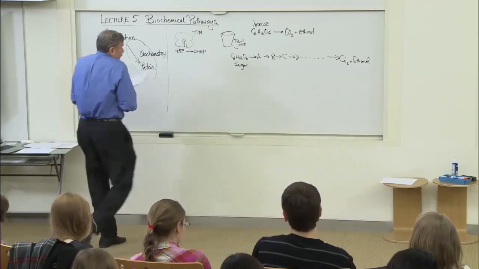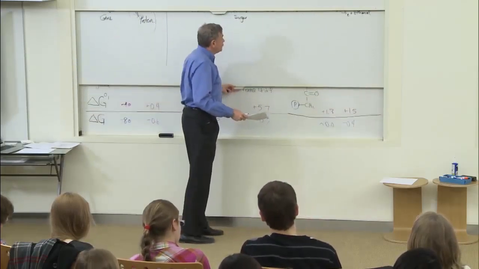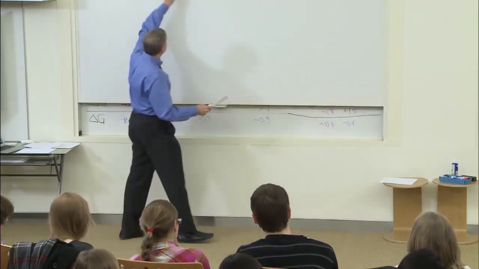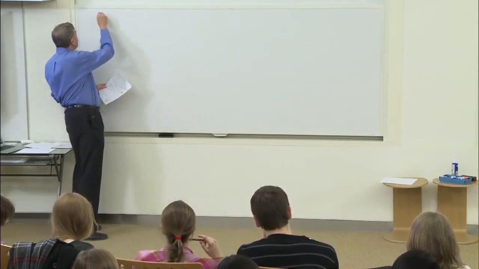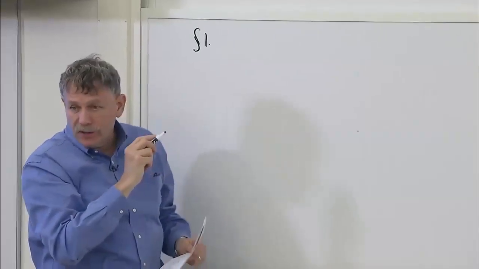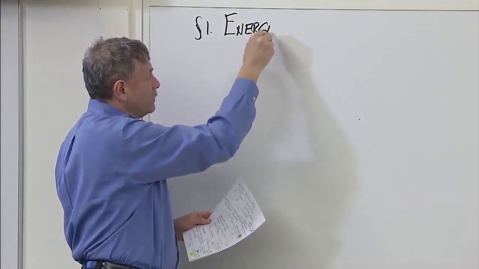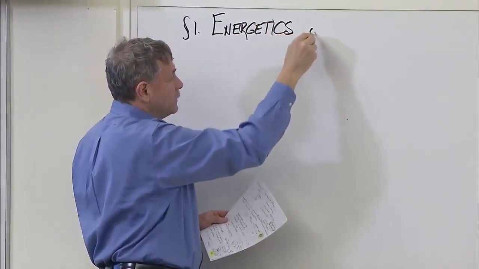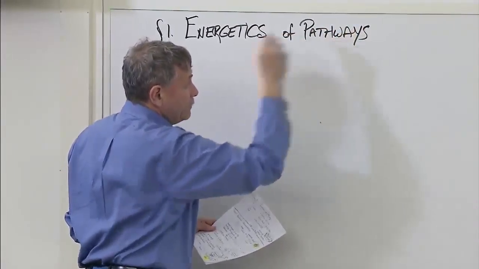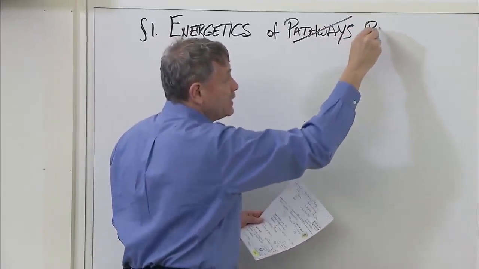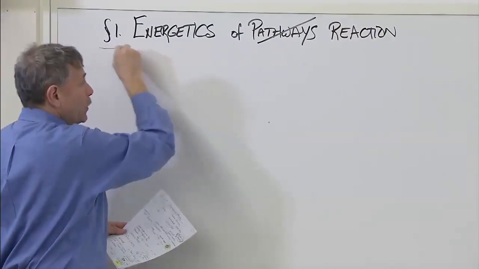So, we understood a simple aspect of pathways, but now we really want to understand the logic of pathways. And let's start with the energetics of pathways. In fact, let's just start simply with the energetics of a single reaction, one reaction in a long pathway like that.